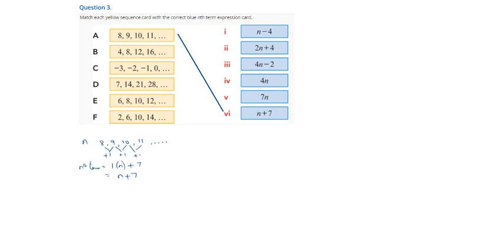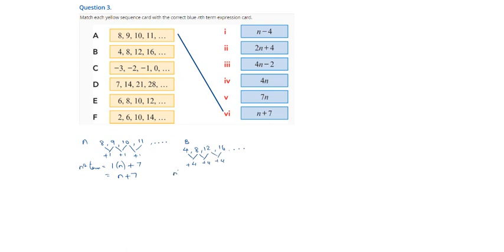Now we will look at the card B. Card B shows 4, 8, 12, 16. Now the difference of 4 and 8 is 4. 8 plus 4 is 12. 12 plus 4 is 16.